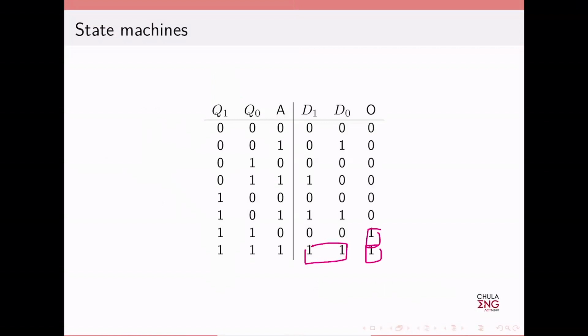So the outputs only change according to the state you're in. The output is according to the current state right now. This output is going to change when the current state is changed.